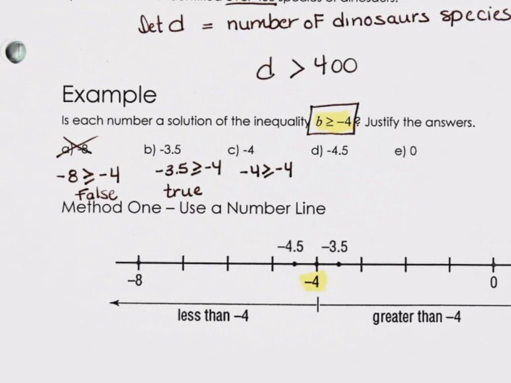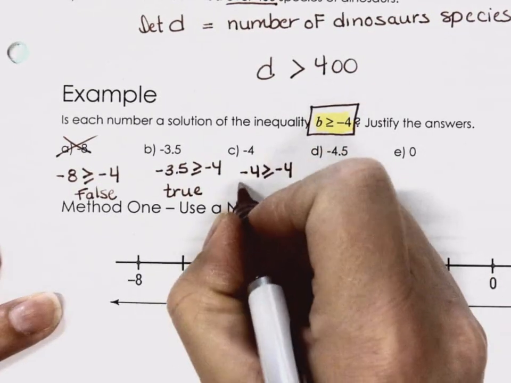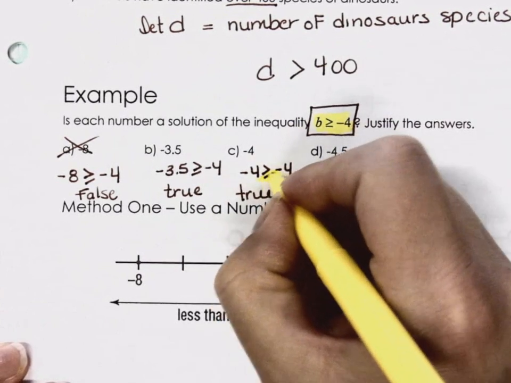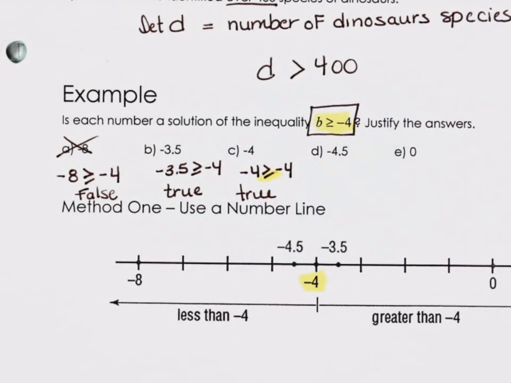So is -4 equal to -4? Is that a true statement? Yes, it is. So this is also true. And it's true because of this line. Are you guys okay? Yeah.